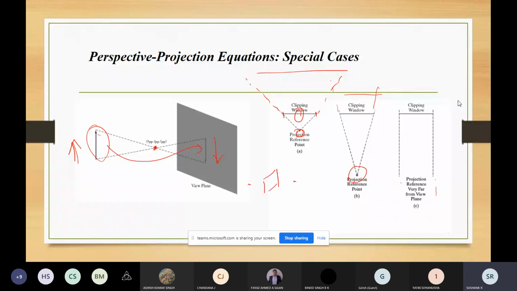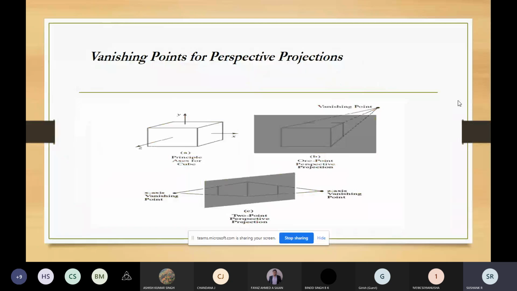So these are the three situations based on the distance of the projection reference point from the view plane.